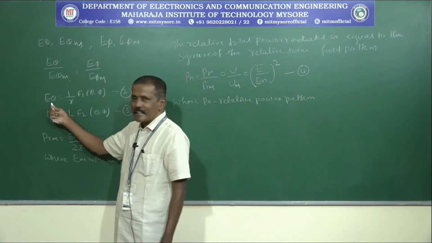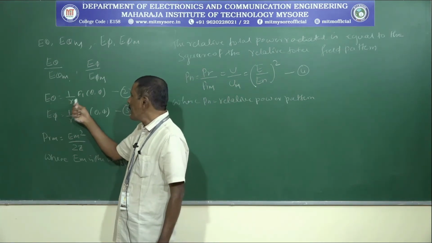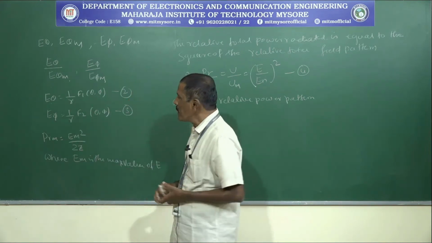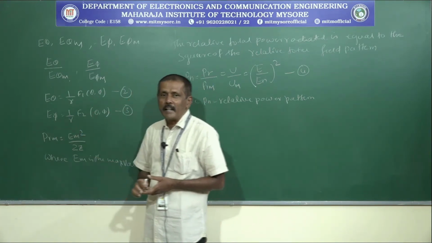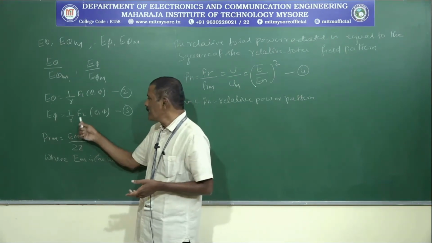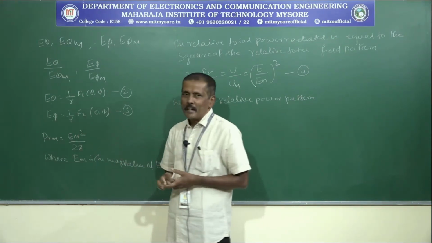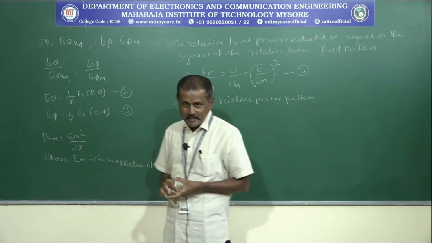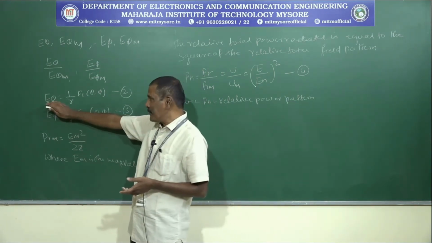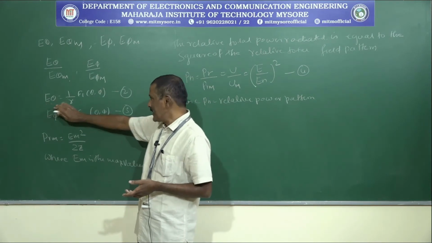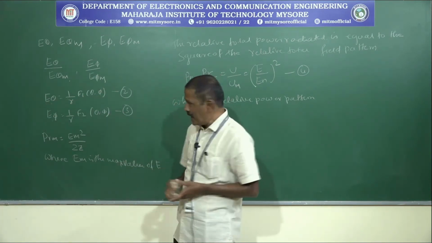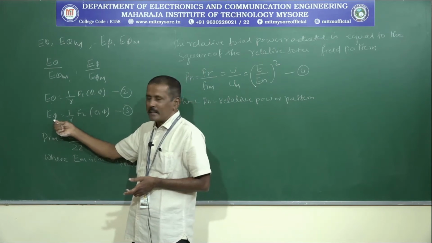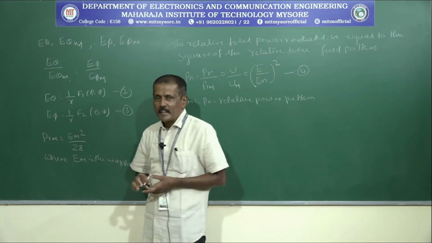The field in the theta direction, E theta, is equal to 1 by r f1 of theta comma phi, and the electrical field in the phi direction is equal to 1 by r f2 of theta comma phi. Here f1 and f2 are nothing but functions. That is, the electrical field component in the theta direction is a function of theta and phi, and the electrical field component in the phi direction is a function of theta and phi.